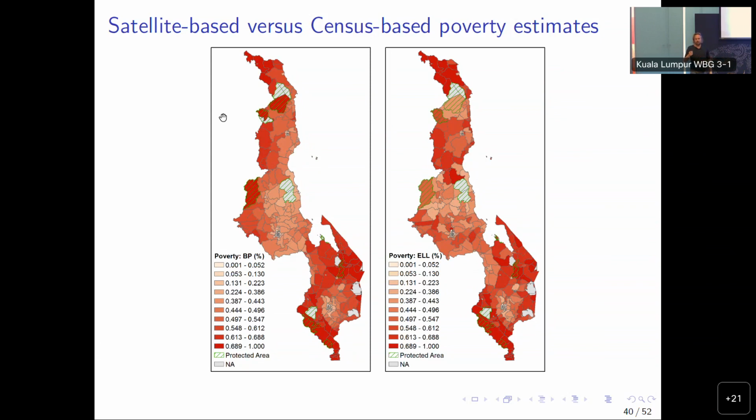So, to the extent that what we have done, as part of this exercise, is take those covariates that we use as predictors in the remote sensing exercise and include them as right-hand side variables in the ELL model. What you'll see is that if you just include them, obviously they're highly significant.